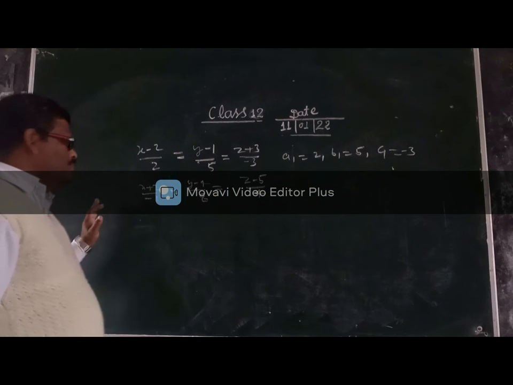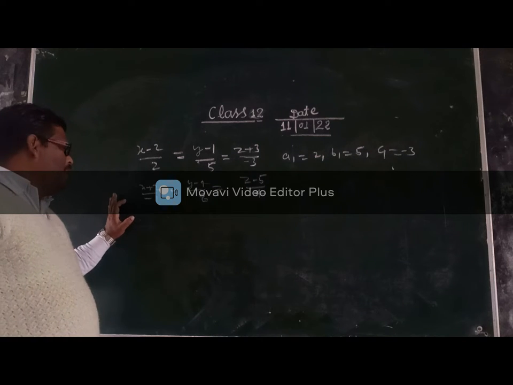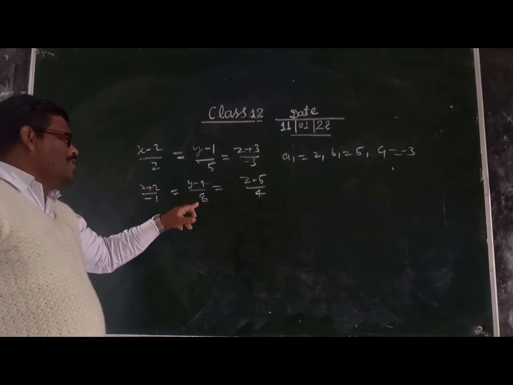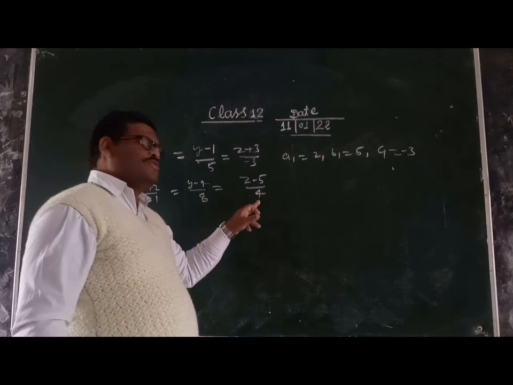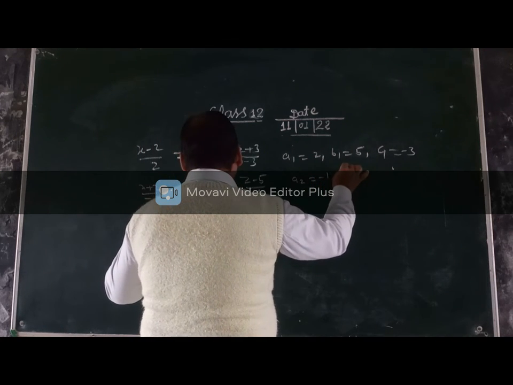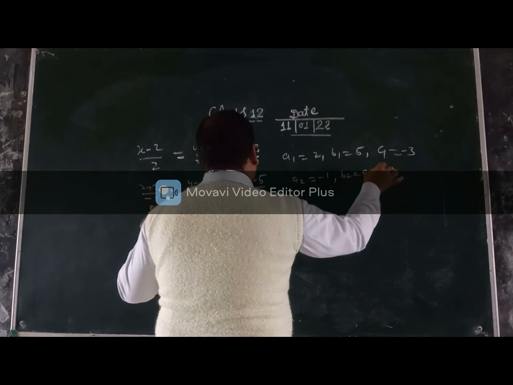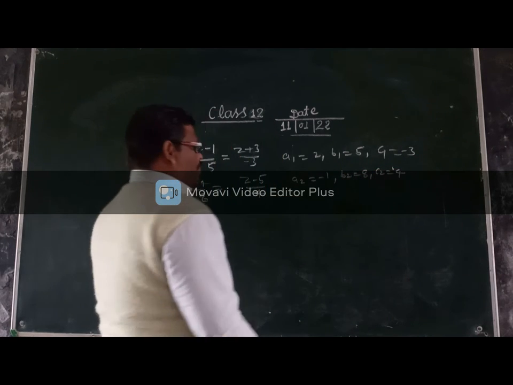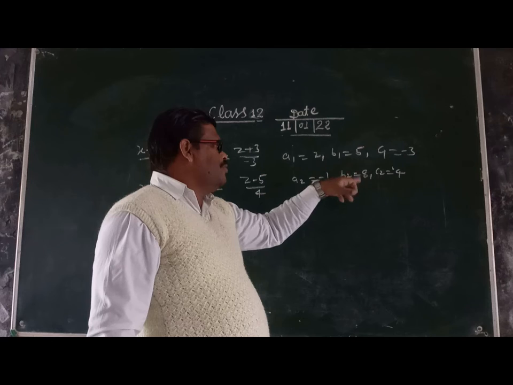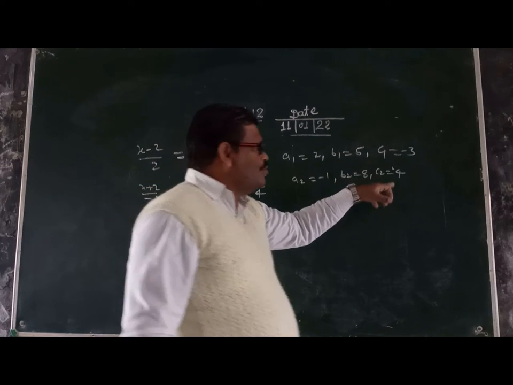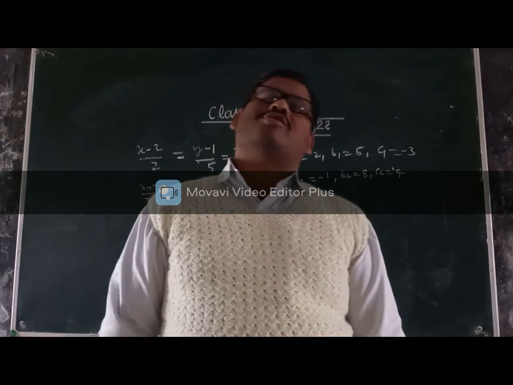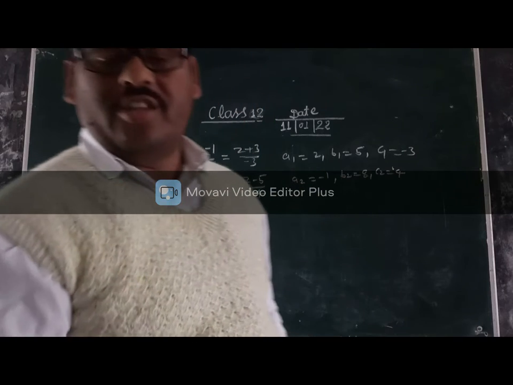Now for the second line, comparing with (x minus x2) by a2 is equal to (y minus y2) by b2 is equal to (z minus z2) by c2, a2 is equal to minus 1, b2 is equal to 8, and c2 is equal to 4. Here a1 by a2 is minus 2 by 1, b1 by b2 is 5 by 8, c1 by c2 is minus 3 by 4, which indicates that the given lines are not parallel to each other, which means the given lines are skew lines.